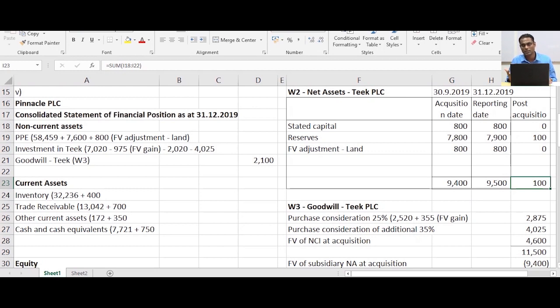Non-controlling interest. This is the post acquisition period from 30th September 2019 to 31st December 2019, 3 months, in which the net asset value has gone up by 100. Out of that, 60% goes to the parent company and 40% to the NCI.